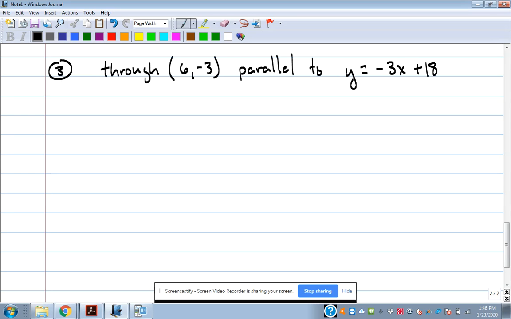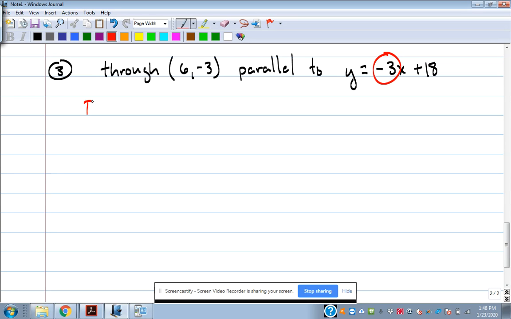Okay, so we talked about parallel lines yesterday. What do we know about parallel lines? Say it again. What's the same? The slopes are the same. That's the part that's the same. So this is the slope. They're giving us the slope again, just like the last two examples have. They're just giving it to us kind of in disguise is all they're doing there.